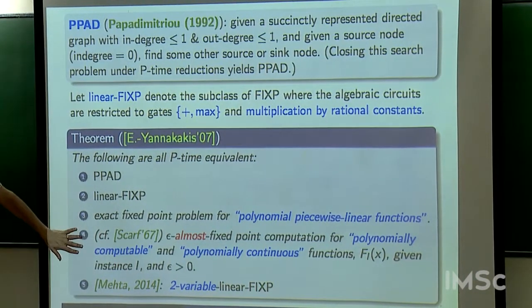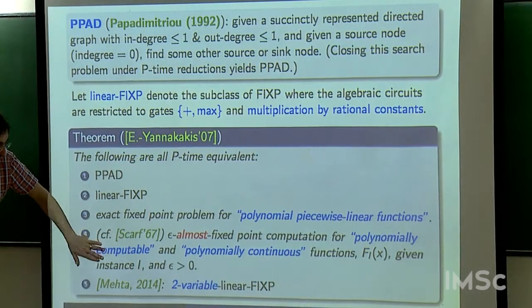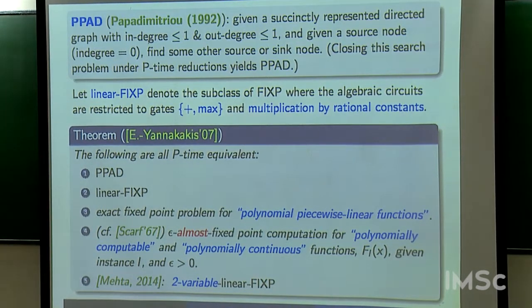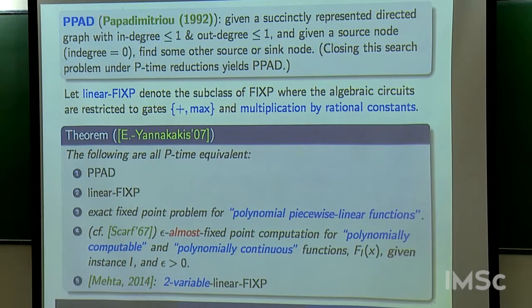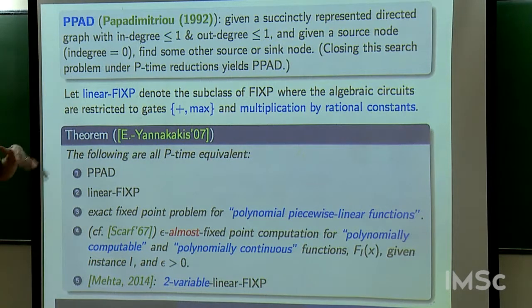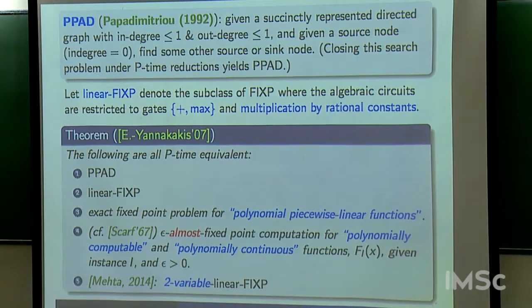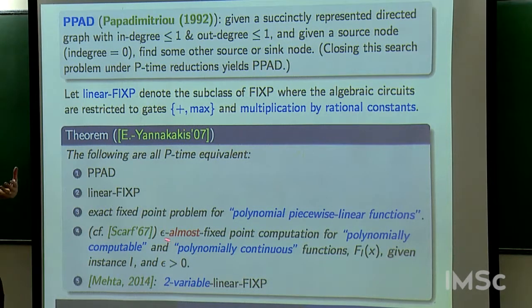So another characterization of PPAD, which then follows, is there's a classic algorithm for fixed point computation in the almost sense, due to Scarf, going back to the 60s. If you follow the details of that algorithm, it involves a Sperner lemma-based argument and path-following procedure, where what it does is it gives you an epsilon almost fixed point, right?